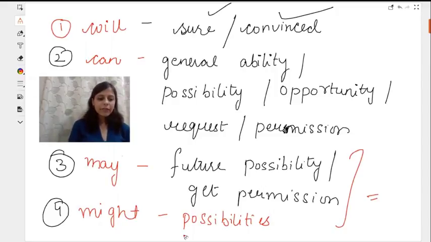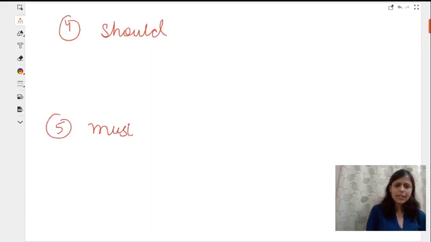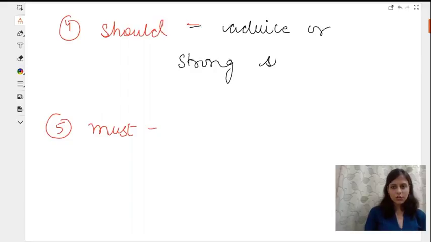Then I have the last two modals that we are going to study. The second last modal that we are going to study today is should, and then I have must. There's a little difference between both of them. Should is when you make a normal advice, or maybe a strong suggestion.